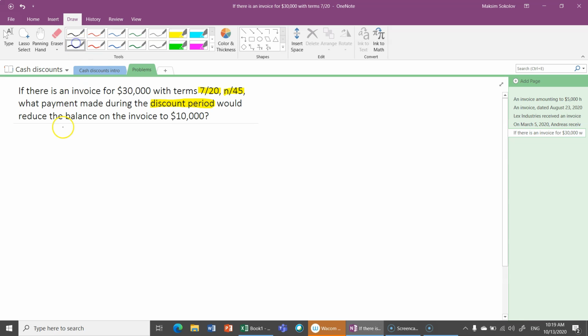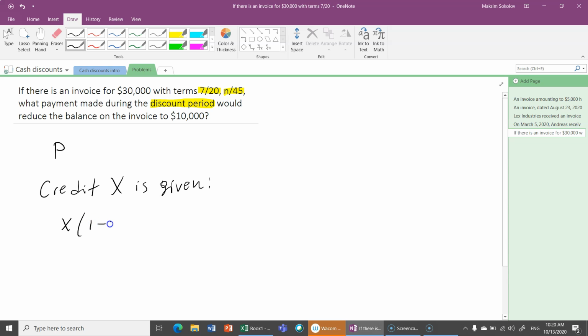So let's call that payment P. It is that payment which is made during the discount period. But we know that when this payment P is made, credit X is given. Now, what is that credit?